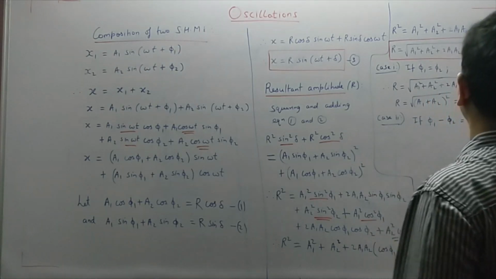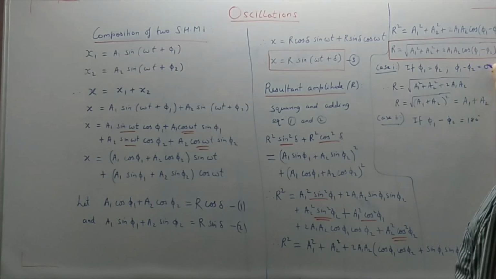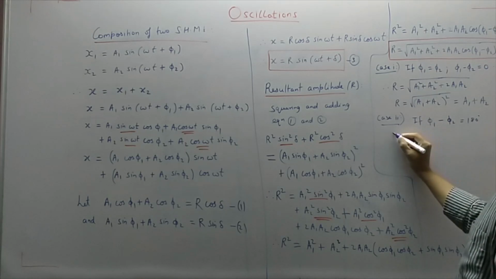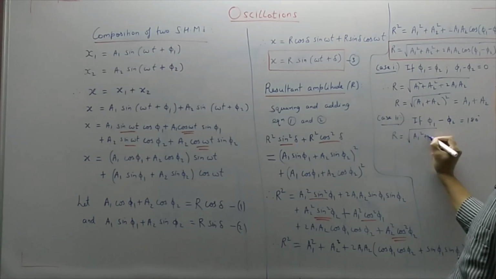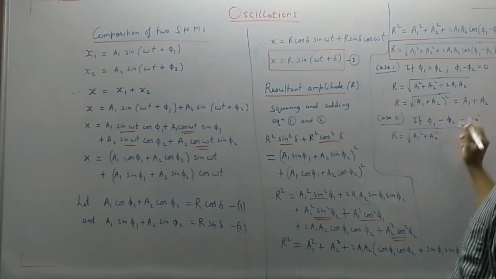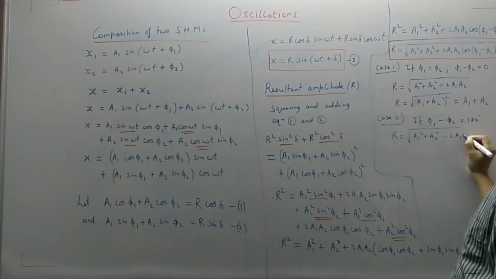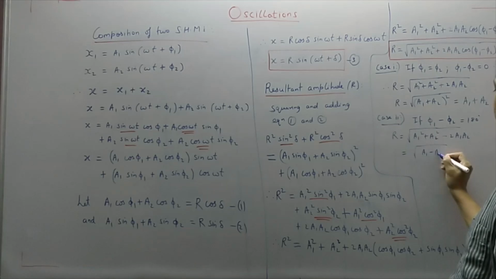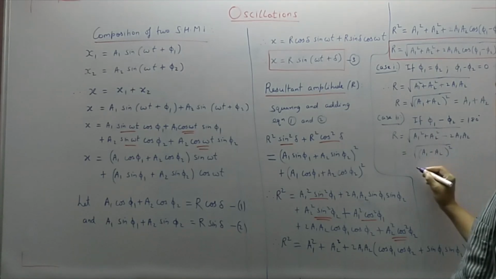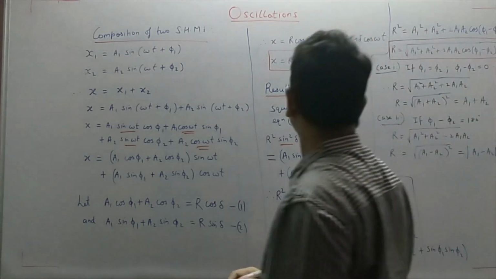So the resultant amplitude you will get is the square root of A1 squared plus A2 squared, and cos 180 is minus 1, so we get minus 2 A1 A2. That gives the square root of A1 minus A2 the whole squared. We get the resultant amplitude as the modulus of A1 minus A2, because A2 can also be more, so A2 minus A1 or A1 minus A2.